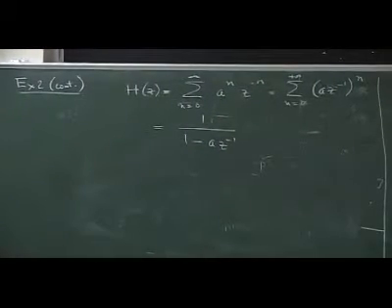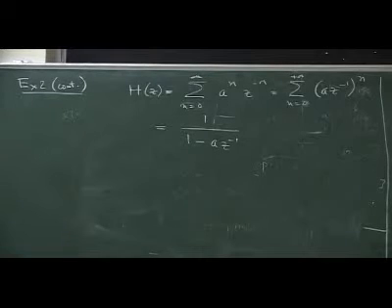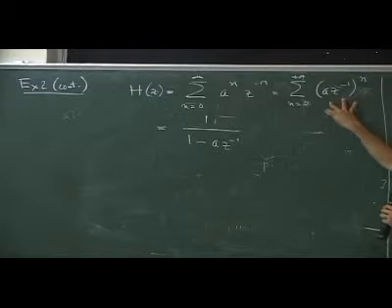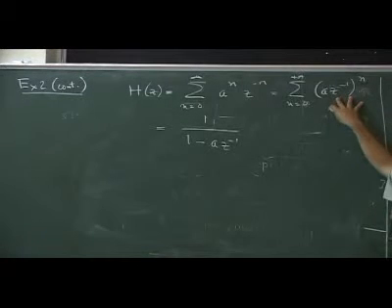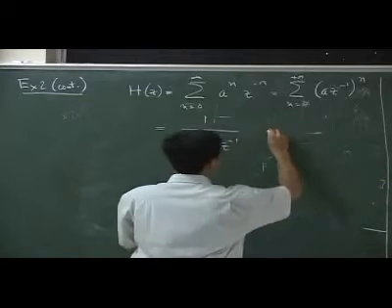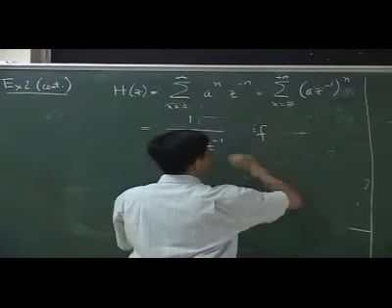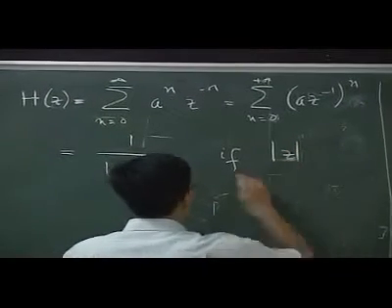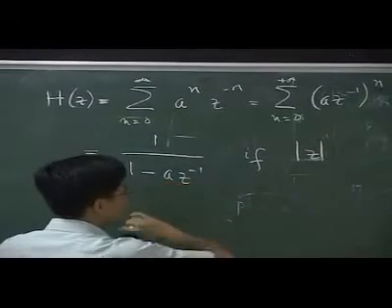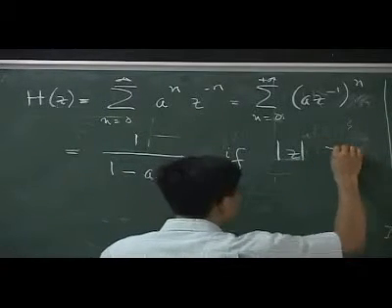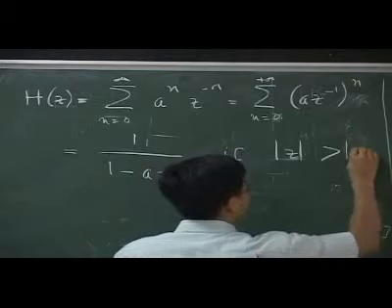I can only write this if and only if the absolute value of the thing inside here is strictly less than 1, right? Otherwise the sum blows up. So this is only if the absolute value of a z^-1 is less than 1, or the absolute value of z is bigger than the absolute value of a.